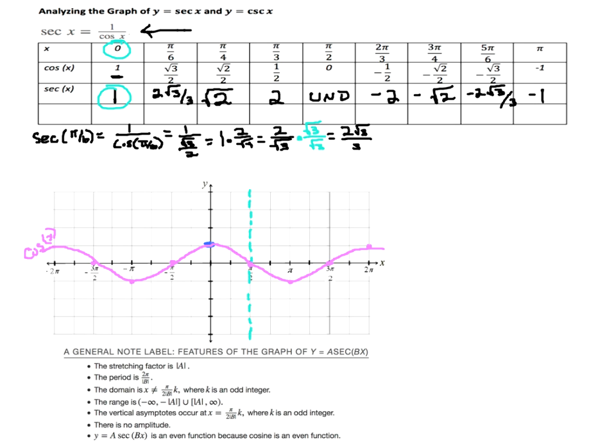All right, so I have my one asymptote there, and that one asymptote fell at pi over 2. So I suspect that I may have another asymptote at negative pi over 2. So I'm going to evaluate the function at negative pi over 2. Secant of negative pi over 2 is 1 over the cosine of negative pi over 2.